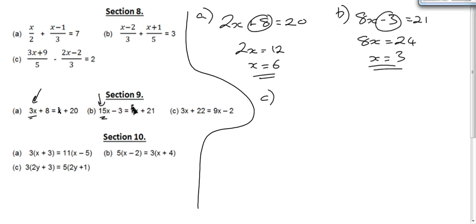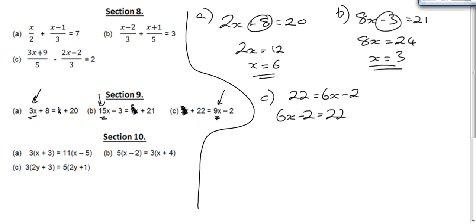In question 3, for question C, I've got most x on this side, so I'm going to get rid of these 3 x's. I'm going to get rid of 3 of these x's. And I've got 22 equals 6x minus 2. Now, if you don't like it that way round, what you can do is swap them around. So if 22 equals 6x minus 2, you can write 6x minus 2 equals 22.